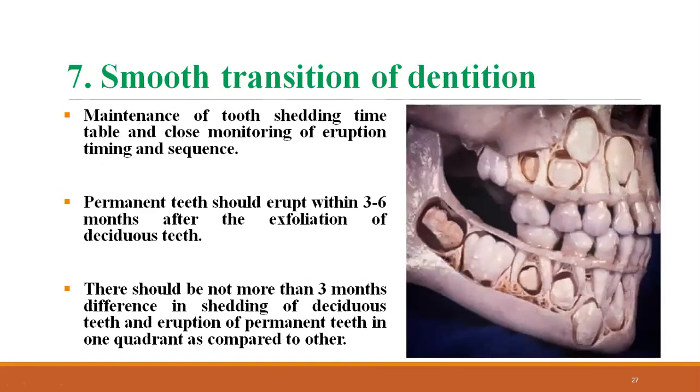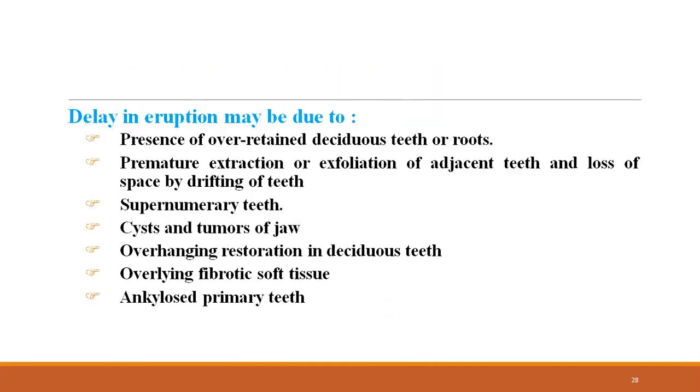Next is smooth transition of dentition. So maintenance of the tooth shedding timetable and close monitoring of eruption timing and sequence. Permanent teeth should erupt within 3 to 6 months after the exfoliation of deciduous teeth. There should be not more than a 3-month difference in shedding of deciduous teeth and eruption of permanent teeth in one quadrant as compared to another quadrant.